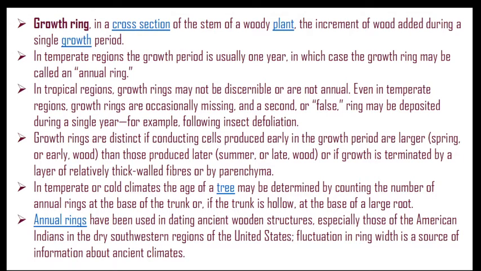Fluctuations of ring width are a source of information about ancient climate. So due to the growth rings we can calculate age, we can determine ancient climate conditions, and we can also count whatever fluctuations happened at that time.